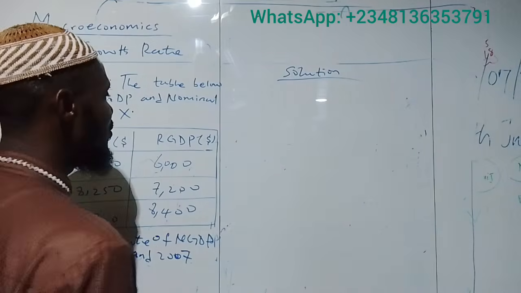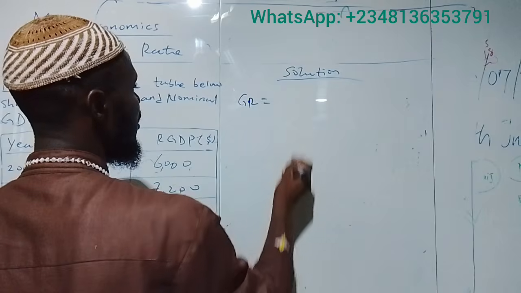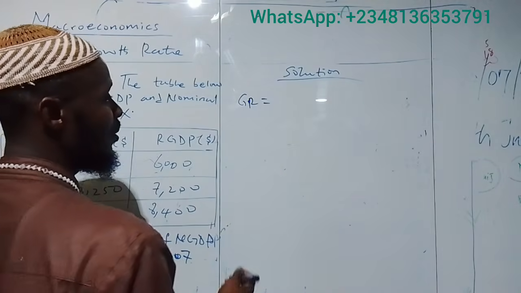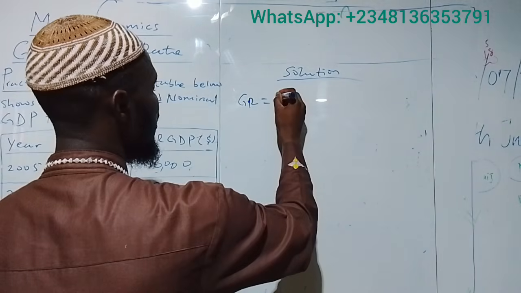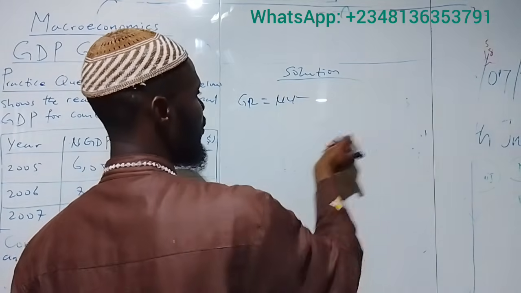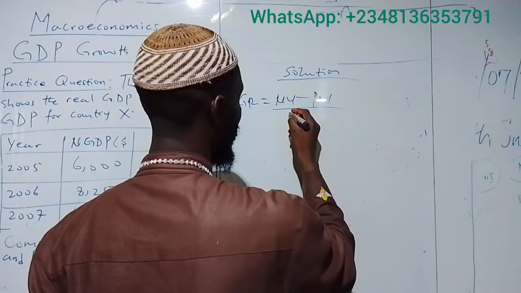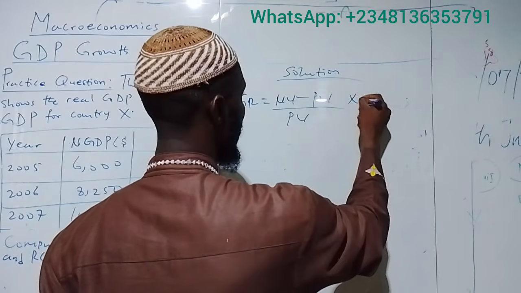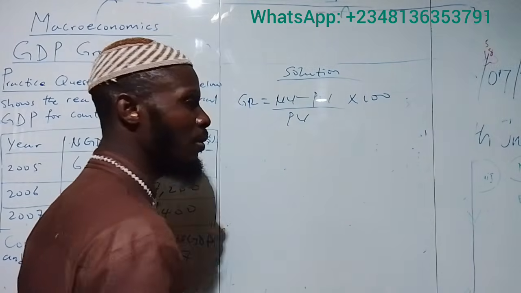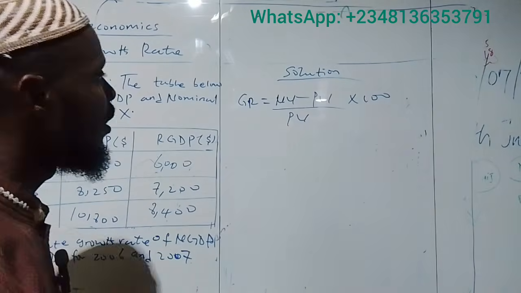Growth rate is generally expressed as the new value minus the previous value, divided by the previous value, multiplied by 100. That is the general formula for growth rate. That is percentage change.